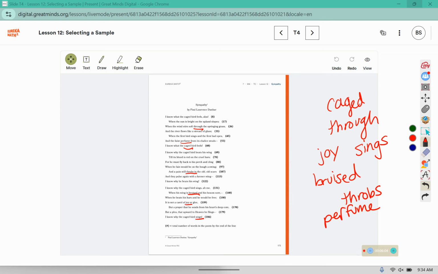Oh, I need one more. River. So select 8 words from the poem.